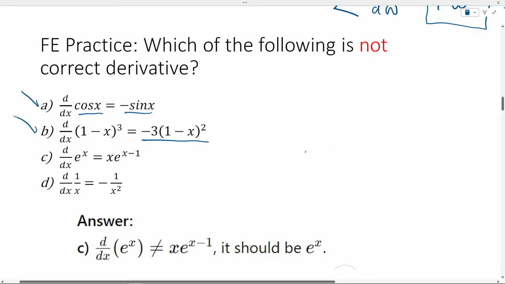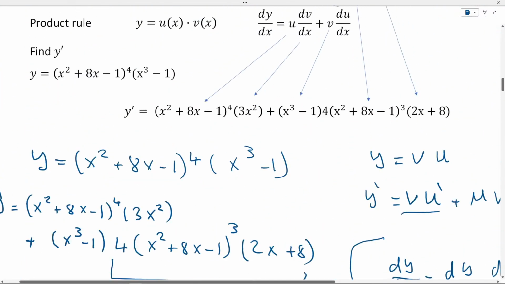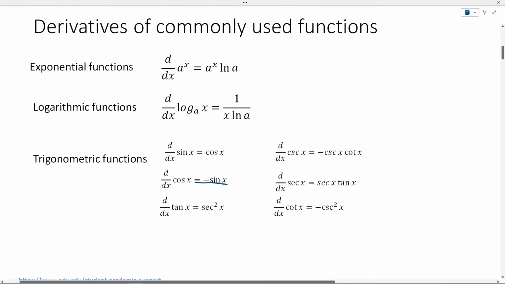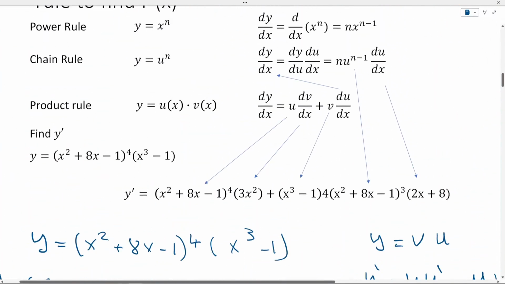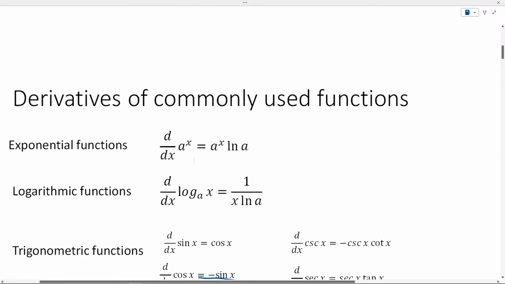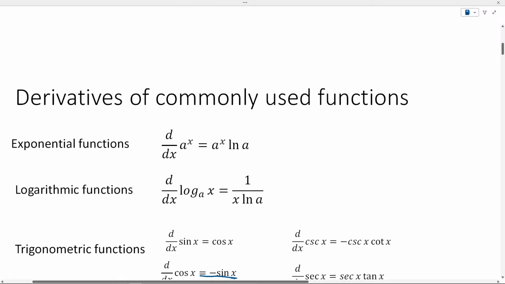How about this guy? You go check the rule here, the rule that we have here. Let's come to this rule and apply it.